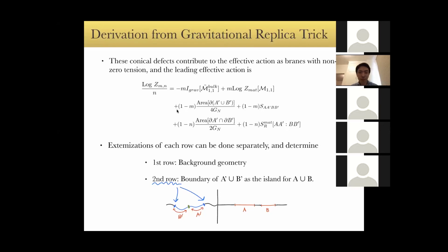And the second term, since this minimization is just that of the island formula, gives A prime B prime as the island for A cup B.